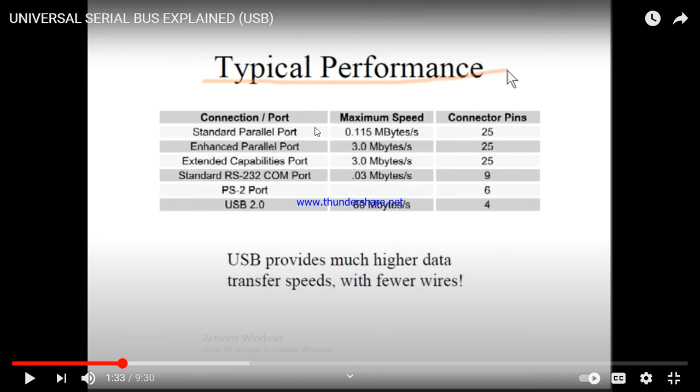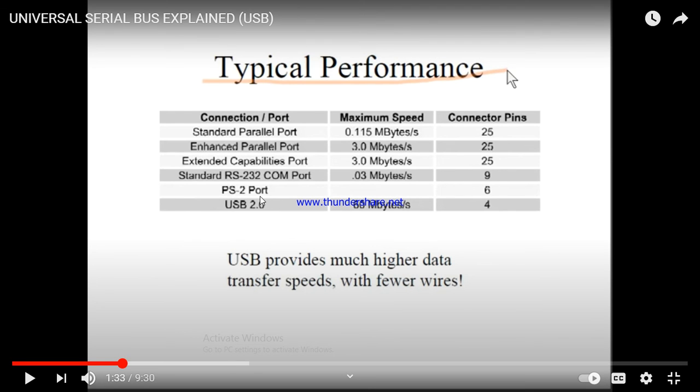As such, the technology evolved. Then the recommended standard 232 COM ports that we have seen, a synchronous serial communication. It has a maximum speed of 0.03 Mbps, and it has 9 connector pins.